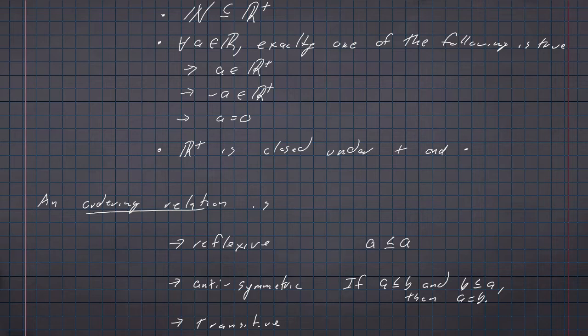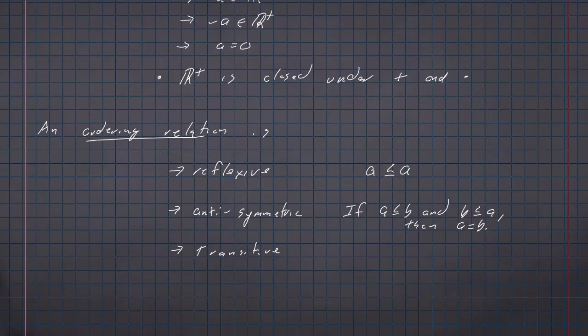The anti-symmetric property says that if you have inequality that works in both directions, that only can happen if you're comparing a number to itself. And the transitive property: if A is less than or equal to B and B is less than or equal to C, then A is less than or equal to C. You are probably already familiar with these three properties.